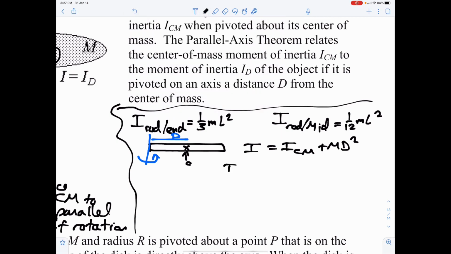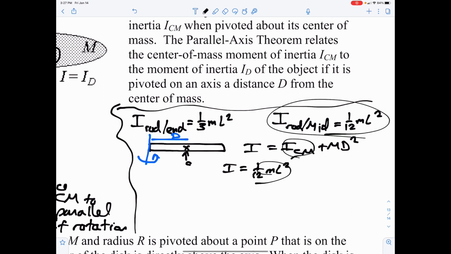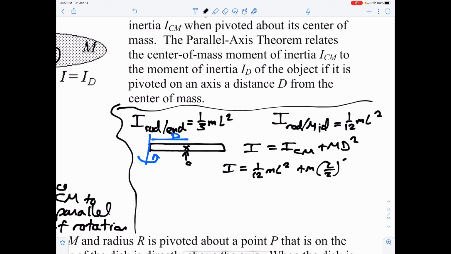So I would be 1/12 ml squared, that would be the I through the center of mass, plus m times L over 2 squared. So we have 1/12 ml squared plus ml squared over 4.